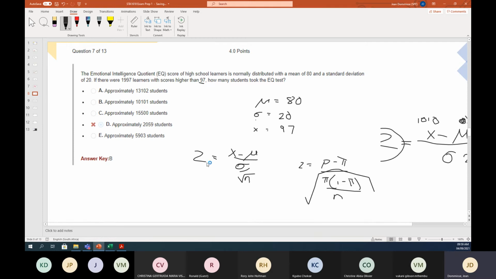Oh, this is an interesting one. I'll need to think about this one a bit. Because it nearly feels to me that we're not working with this, but we're working with the proportions.